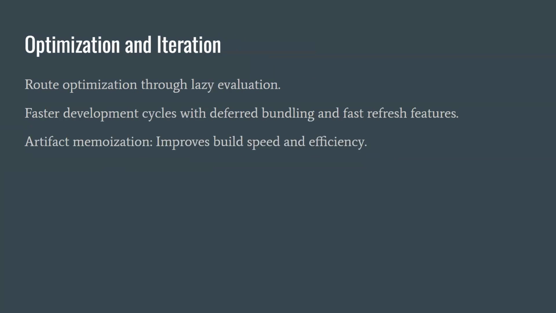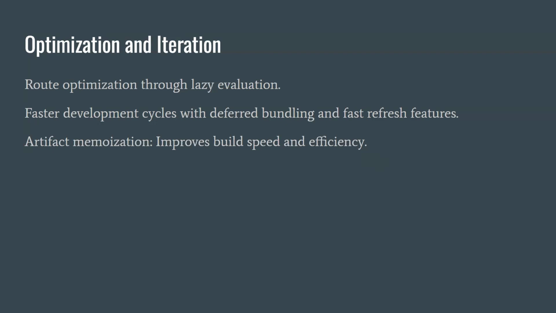Optimization and iteration. Optimization in Expo Router means that routes are only loaded when needed. This is due to lazy evaluation, and this optimizes memory and load time in production.